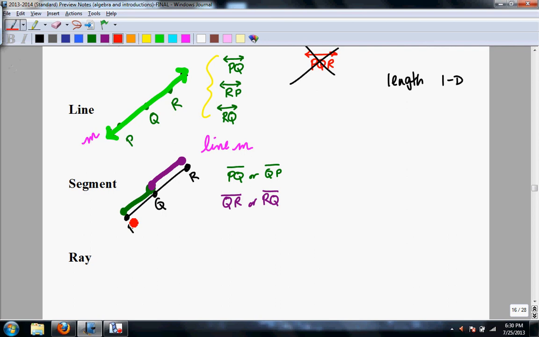If I want this whole segment, I could call that P to R or R to P. You use only 2 letters with no arrows, because segments are pieces of lines. This only has length, so again, it's one dimension.